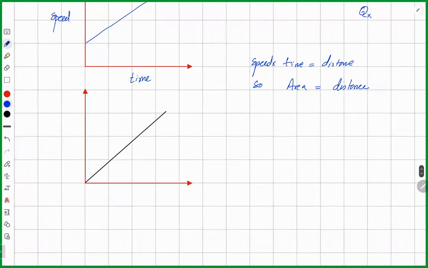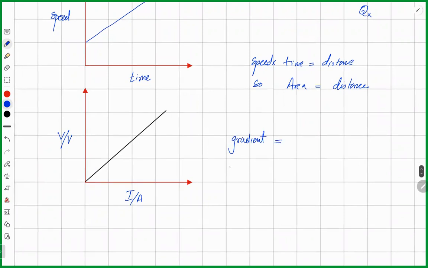This is voltage in volts and current in ampere. So what you think is the gradient of this graph? And what will be area? Now, in order to find gradient, you have to divide the quantity on y-axis with quantity on x-axis.